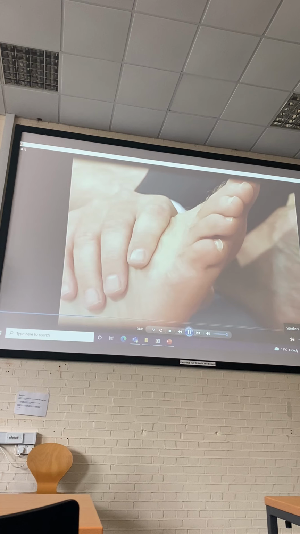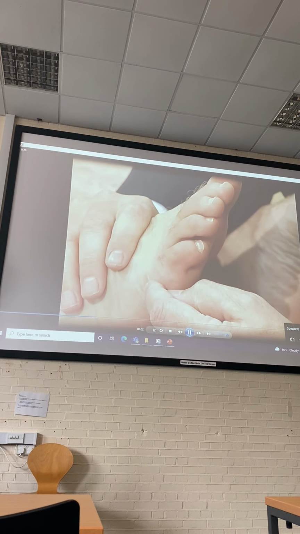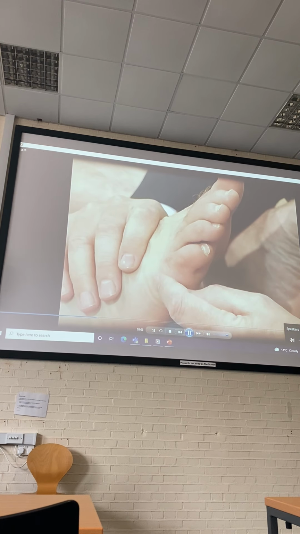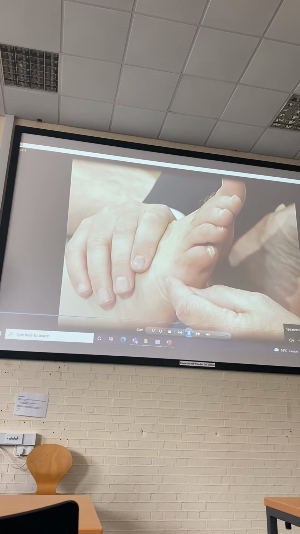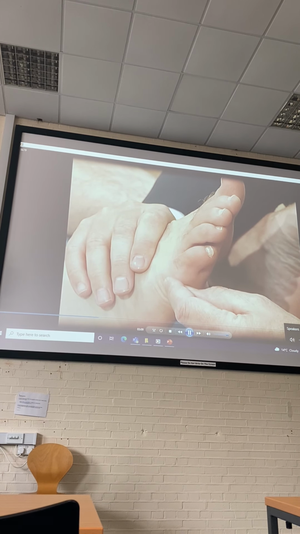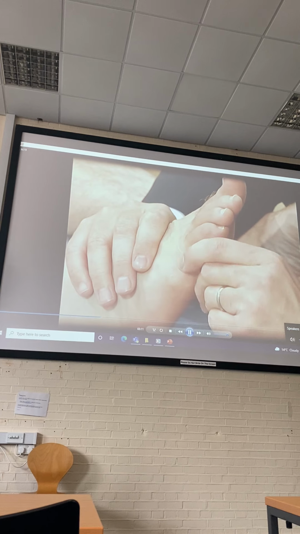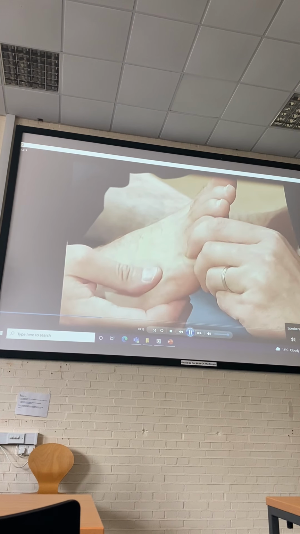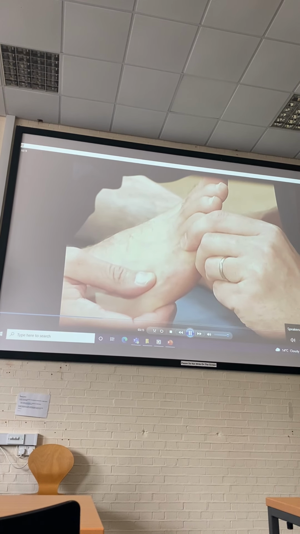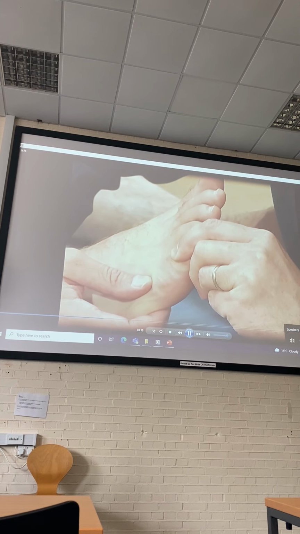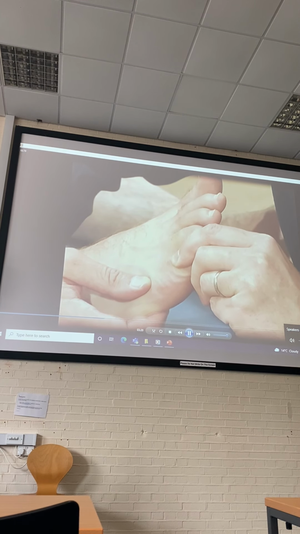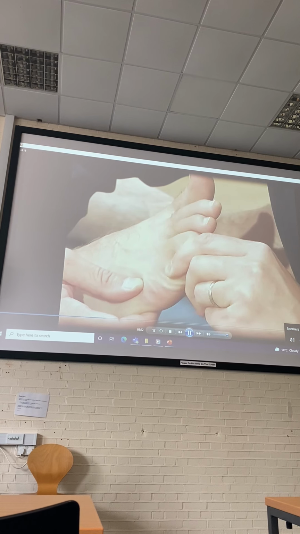When assessing for inflammatory change within the joint, it's important to compress the joint in order to try and induce the symptoms. The best way of doing this is to firmly hold the proximal phalanx and to hold the metatarsal neck and to then push the proximal phalanx into the joint, into the head of the metatarsal, and to then rotate it.